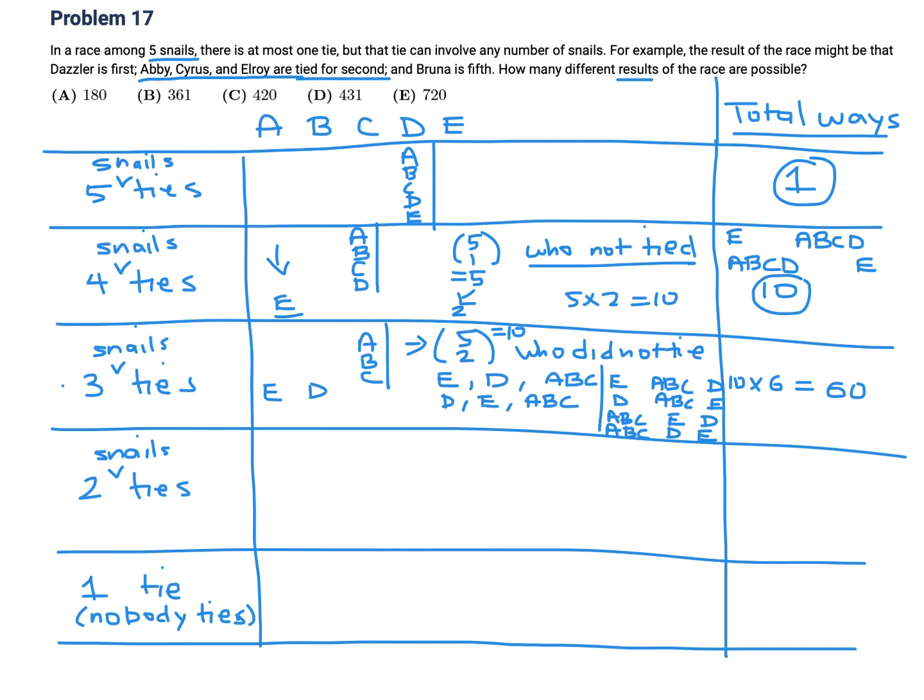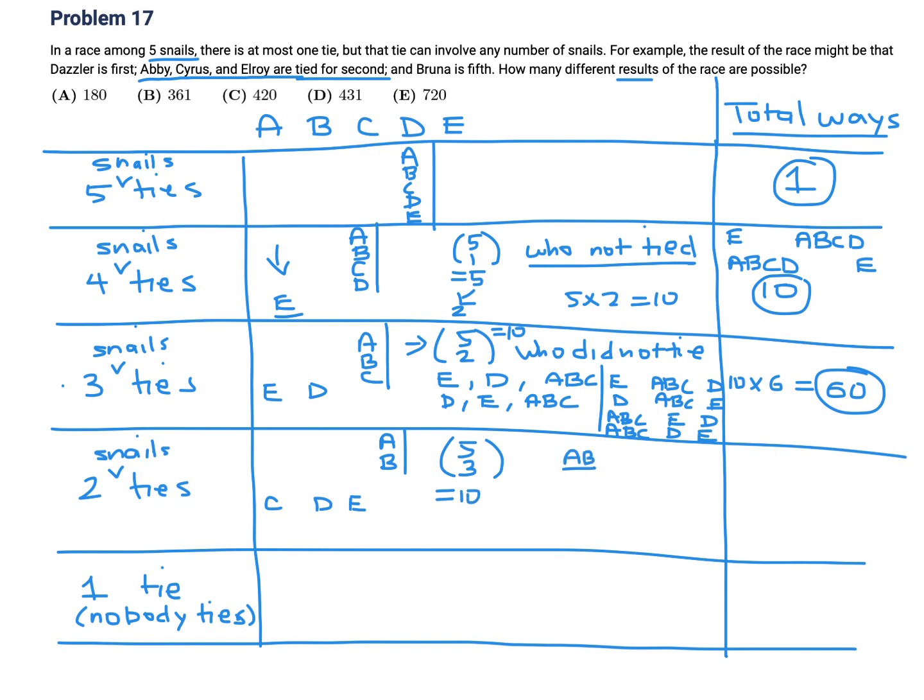So let me just circle our running numbers here. All right, moving right along. 2 snails tie. So an example would be A and B, they tie. And then the other 3 guys, C, D, and E, finish in some order here. So very similarly, from 5, you choose 3 who did not tie. And 5, choose 3, I believe, is 10. And then now you've got our permutations.